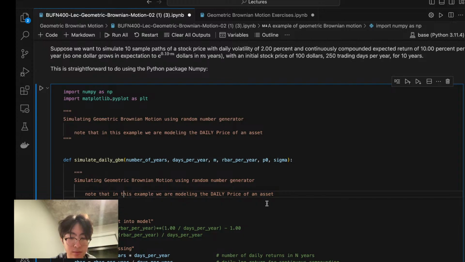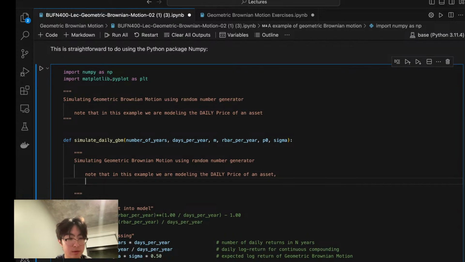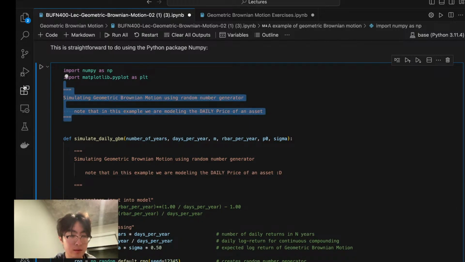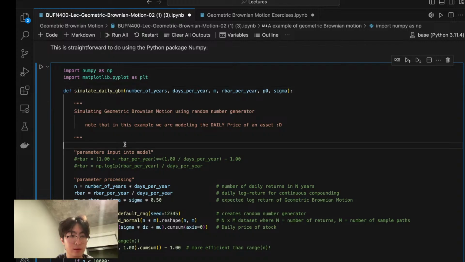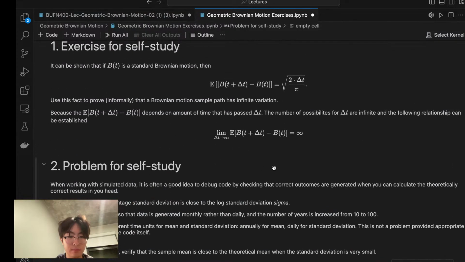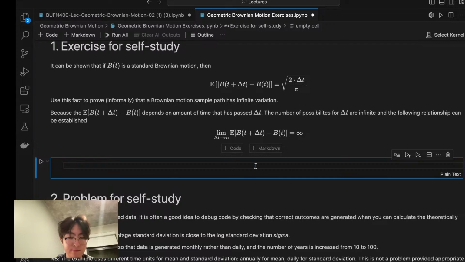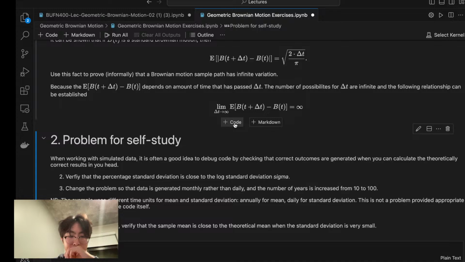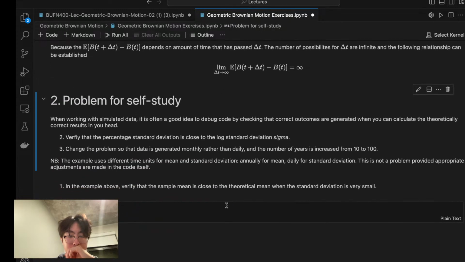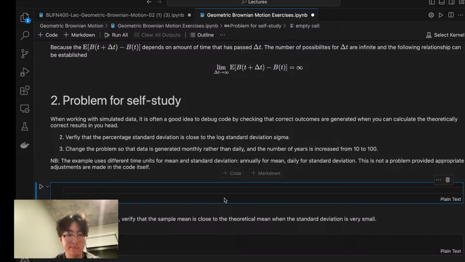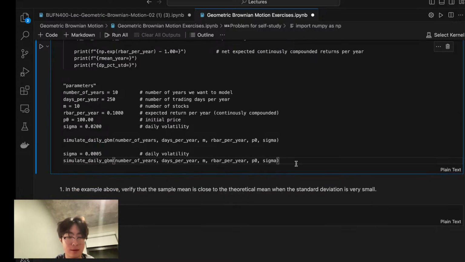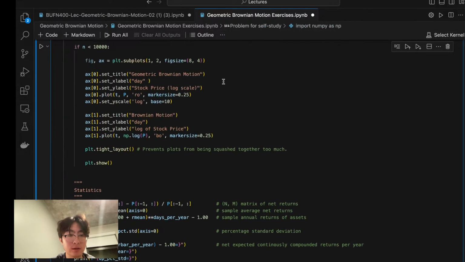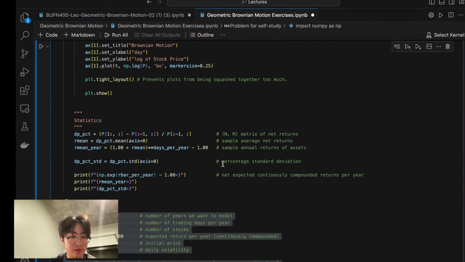Okay. So this should be Python. All right, so I'm just gonna put this function here.